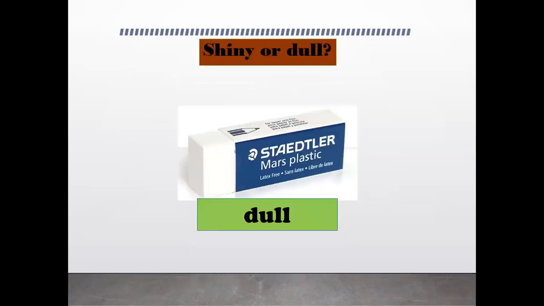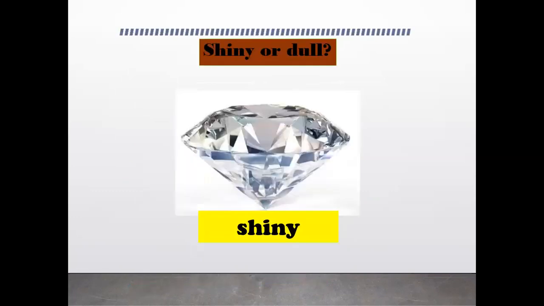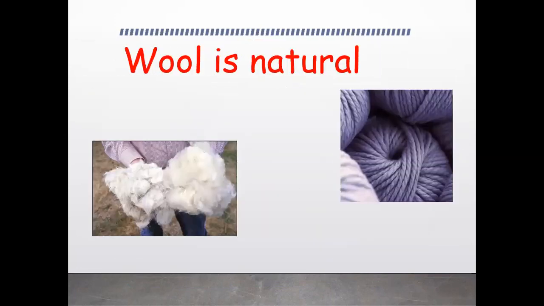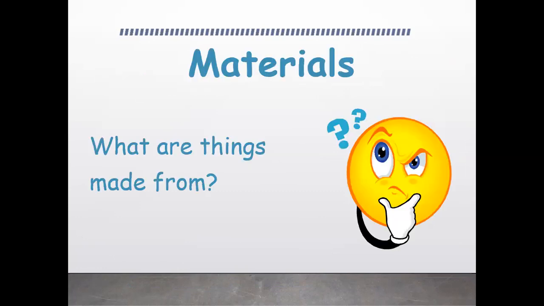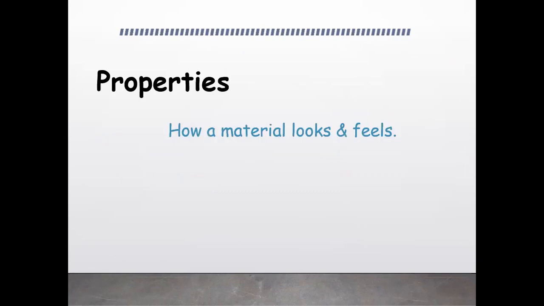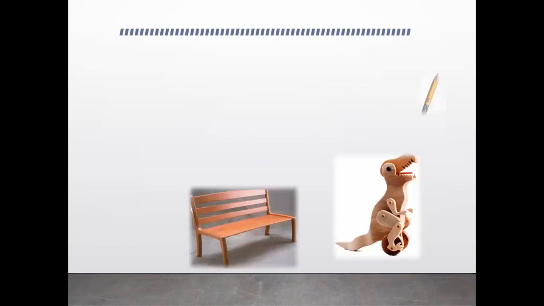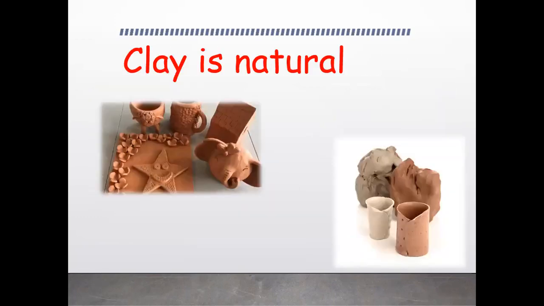Okay, so I will revise with you quickly. Today we took the materials. What are the materials? They are the main things that things are made from, and those materials have properties. What does property mean? It means how the material looks and feels. There are natural materials, coming from plants, animals, and rocks, found in nature, like stones, wool, wood from the trees, ivory, clay, straw, leather.